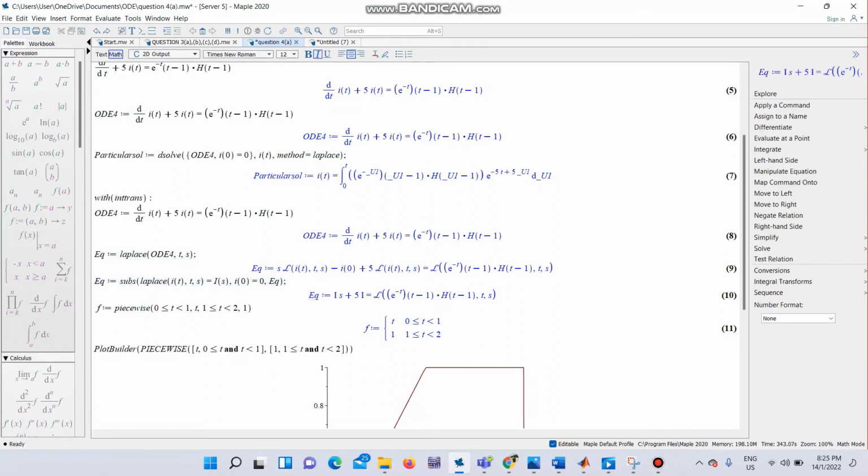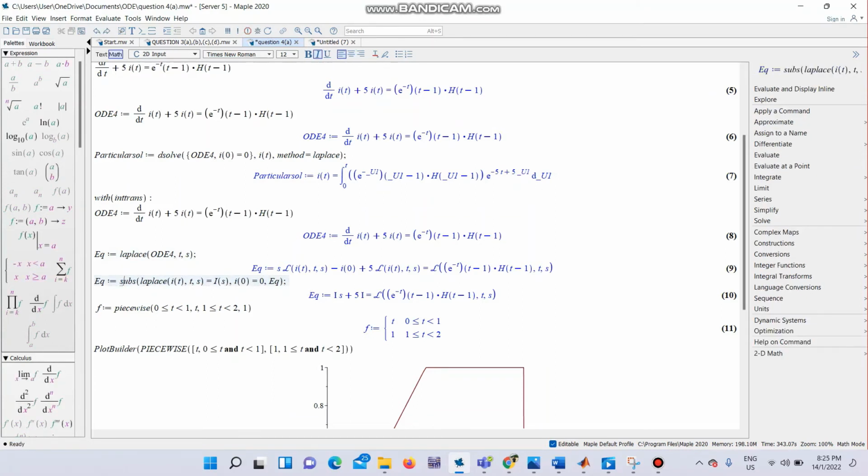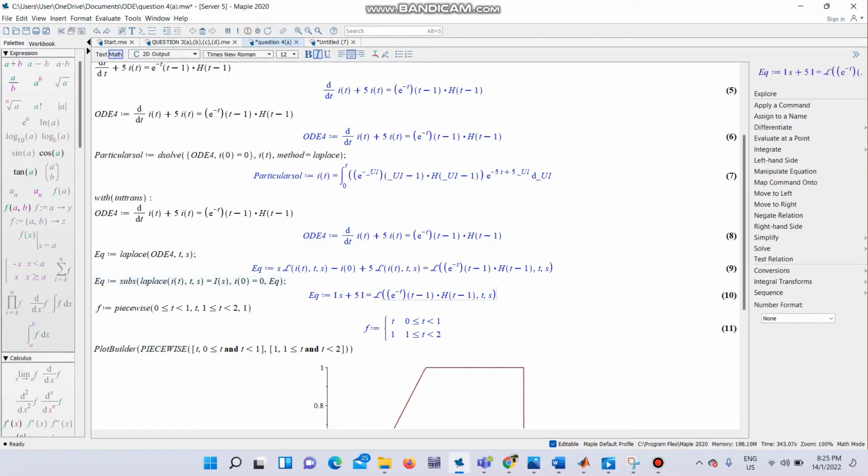Okay, the next part is equation subs Laplace of i(t), t, s, with I(0) equal to 0, and equation. So this is the output that we get, which is equation equal to sI plus 5I equal to Laplace of e to the power of negative (t minus 1) multiplied by h(t minus 1), t and s.